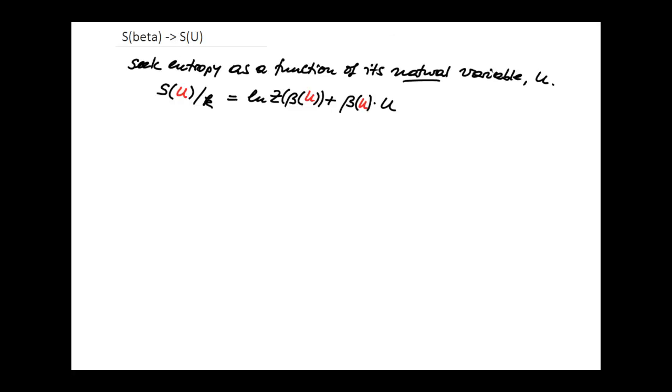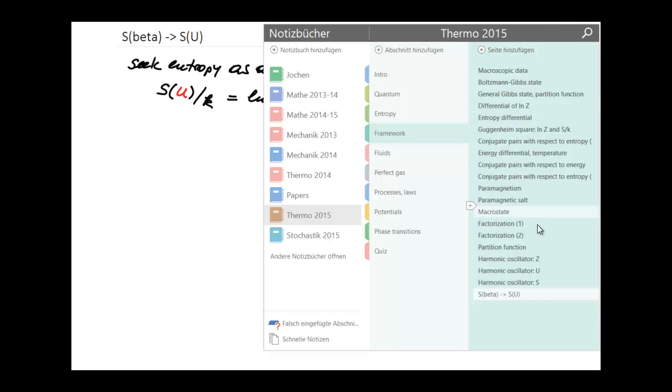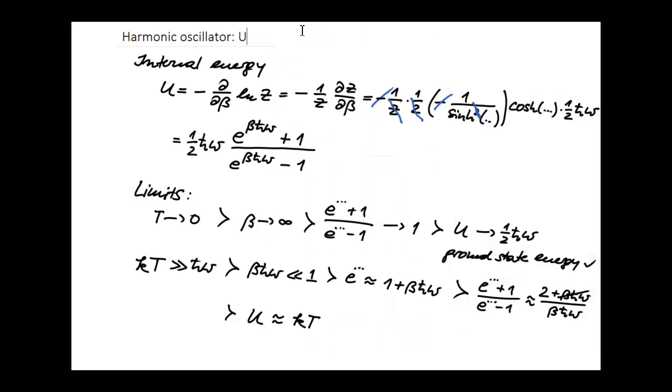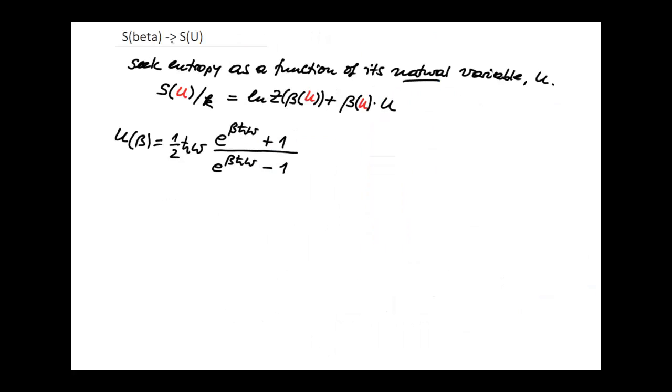So we should start with the energy as a function of beta. This was the function that we found 2 pages earlier. We can invert this equation and solve for beta.